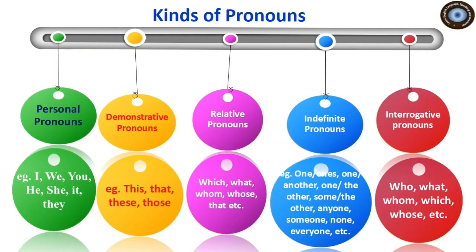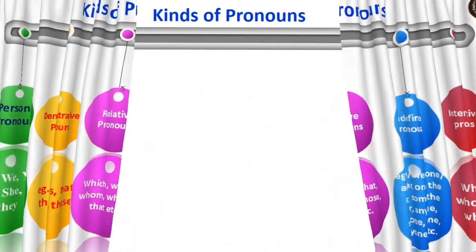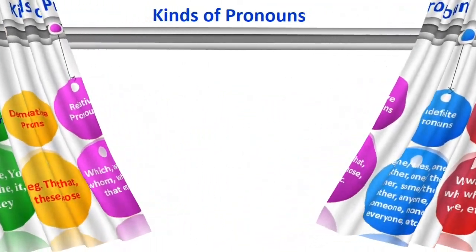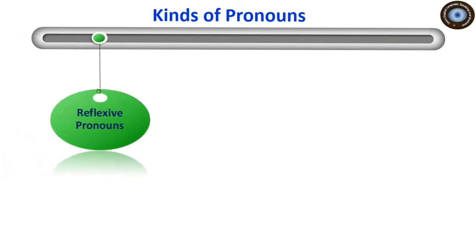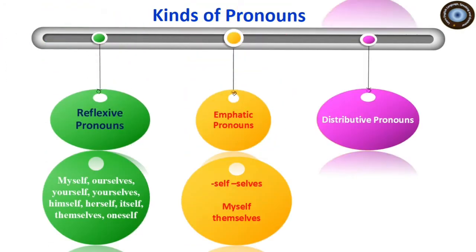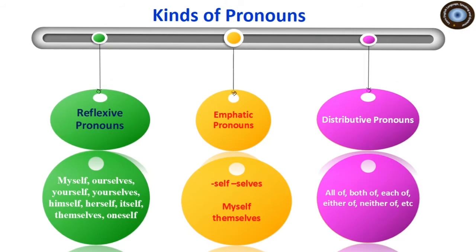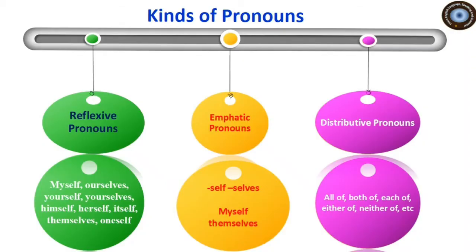There are also other kinds of pronouns like reflexive pronouns, then emphatic pronouns, then distributive pronouns. Examples of reflexive pronouns: myself, ourselves, yourself, yourselves, himself, herself, itself, themselves, etc. Then we have emphatic pronouns, especially those that end with self or selves.